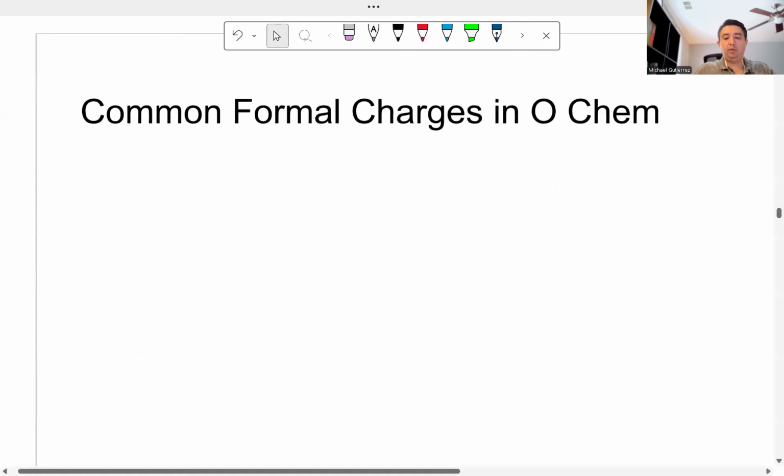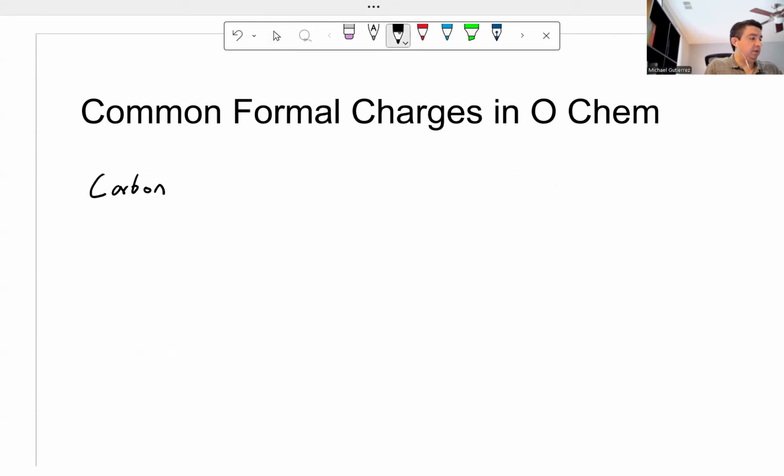So I'm going to go through the 3 most common atoms, and that's carbon, oxygen, and nitrogen. So if you see a carbon atom that's got 8 bonding electrons around it, which means no lone pairs, its formal charge is always 0.